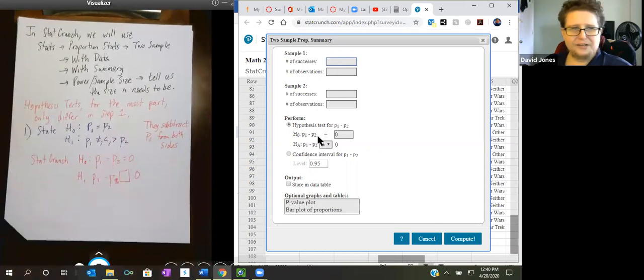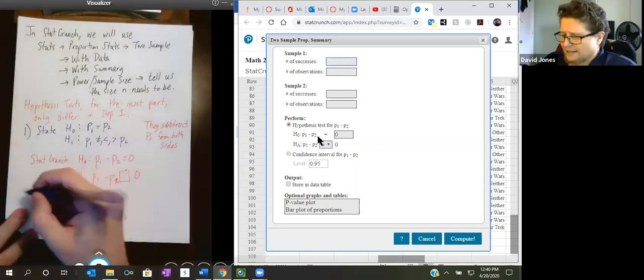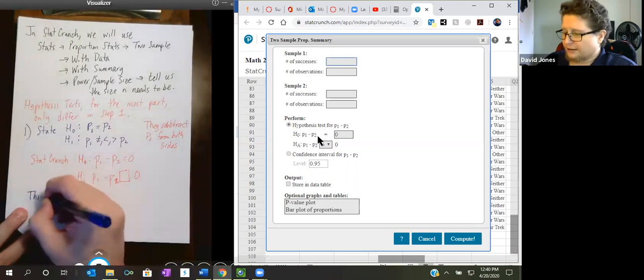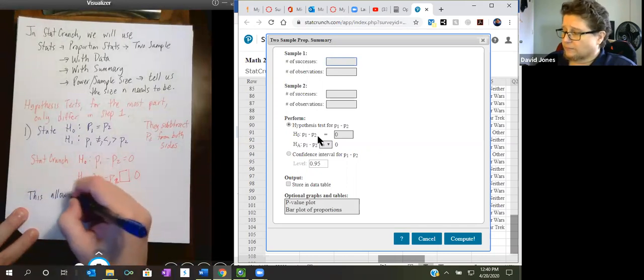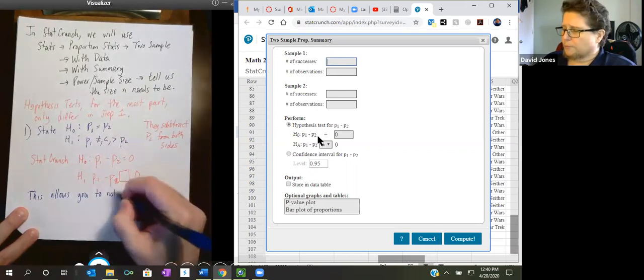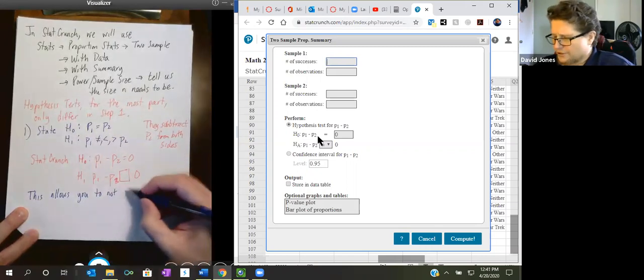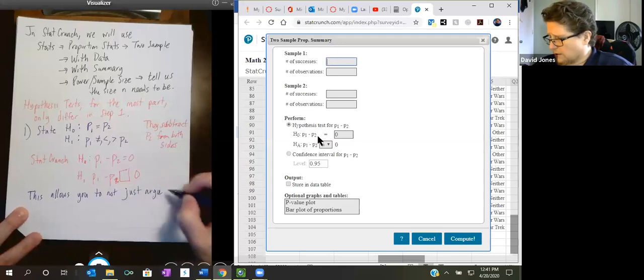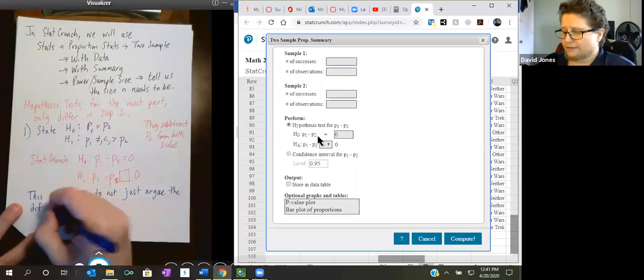The reason why they do this is it allows you to change the 0. To not just argue the difference of two proportions, but how different.